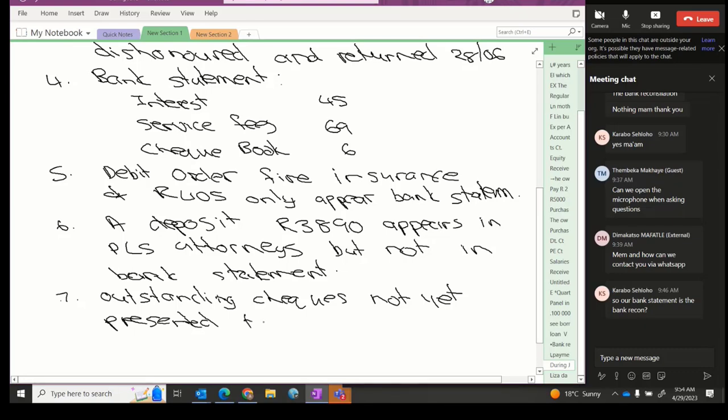Presented to the bank, 2475. This is still also from a few years back, when you paid someone, say with a check, and they didn't go and cash it yet. So this is actually what it's saying here. Outstanding check that is not being presented to the bank, 2475.